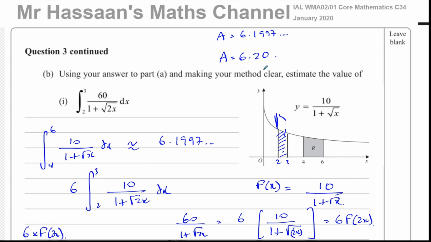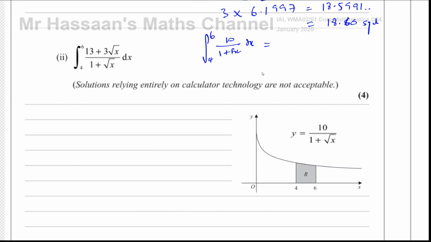It was 6.1997. So that's the approximate area of R, and therefore the approximate value of this integral.